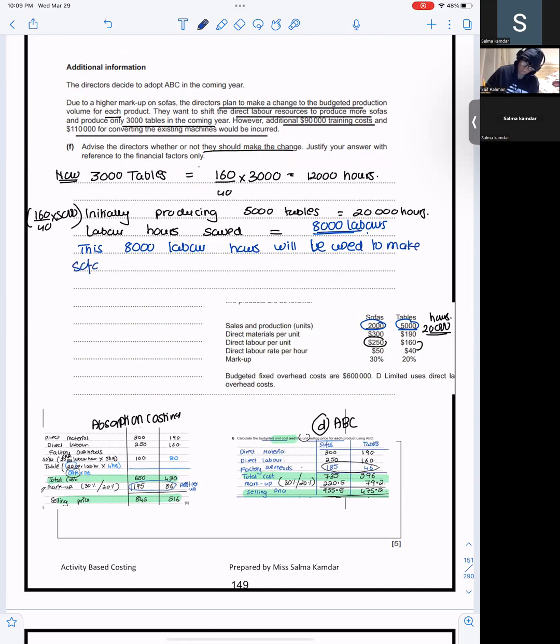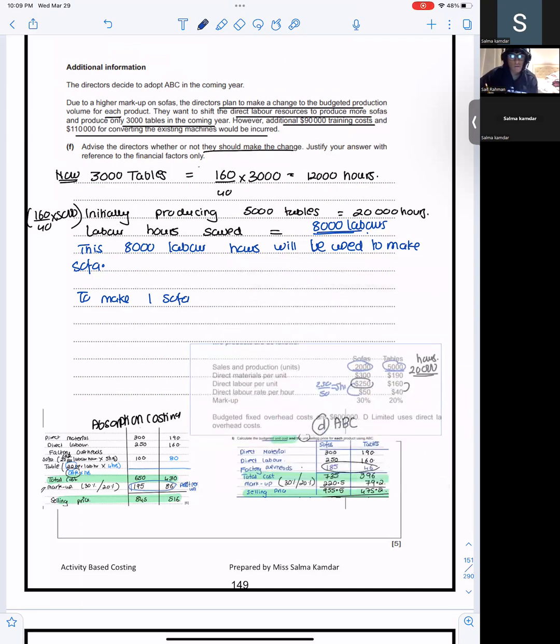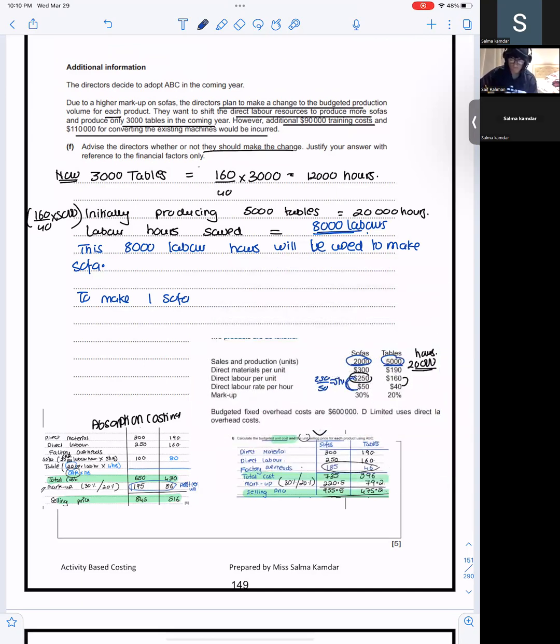To make one sofa, how many hours are needed? We need 250 divided by 50, 5 hours. Just 5 hours.